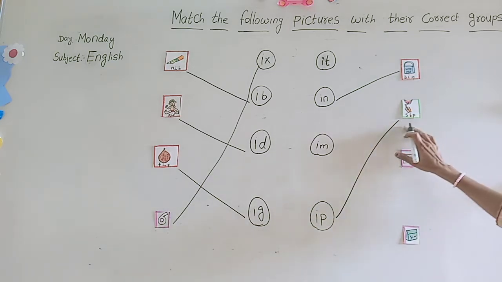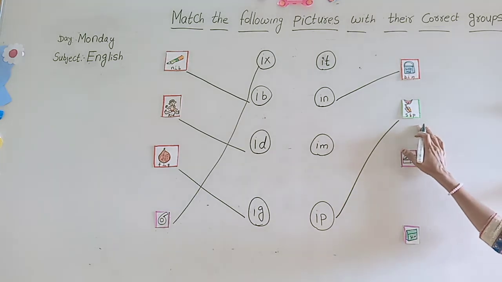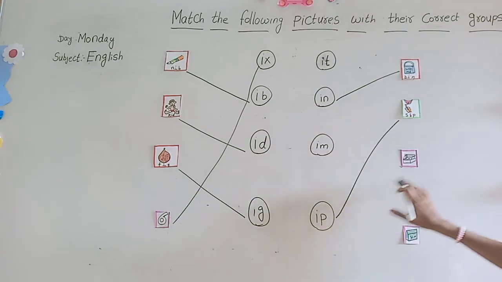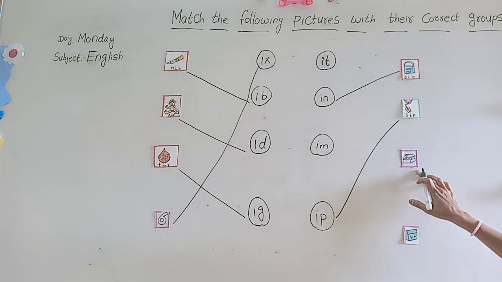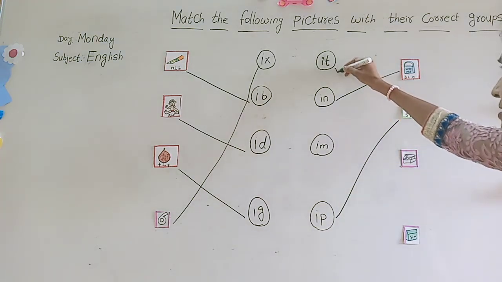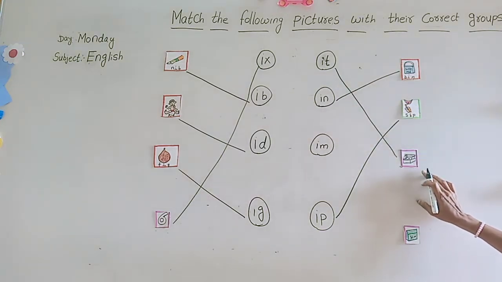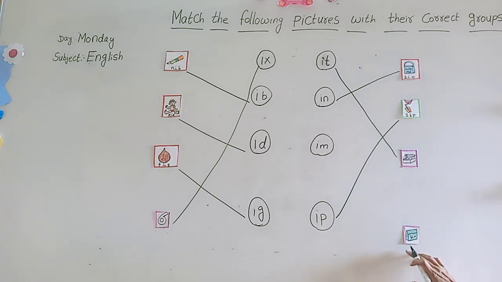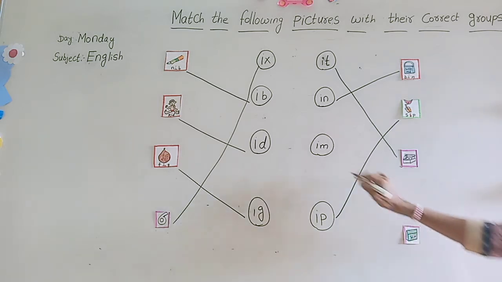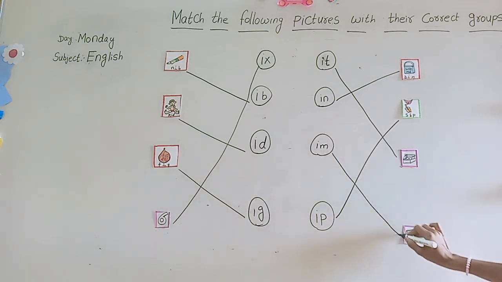Now the word will complete. Then what is this? This is kit. So we have to match with this. KIT, kit. Then which picture is this? This is Vim. Like this way you have to complete the matching.